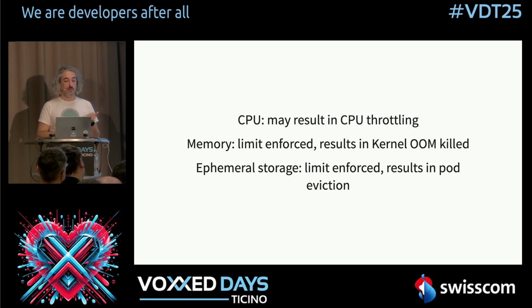What happens when you go over the limit on the ephemeral storage? Your pod is going to get evicted. This means your pod is going to be removed from that node, and Kubernetes is going to do what it always does: "Okay, I need another pod," and it's going to start it somewhere else. So those are the main things that you can find when you go over limits.